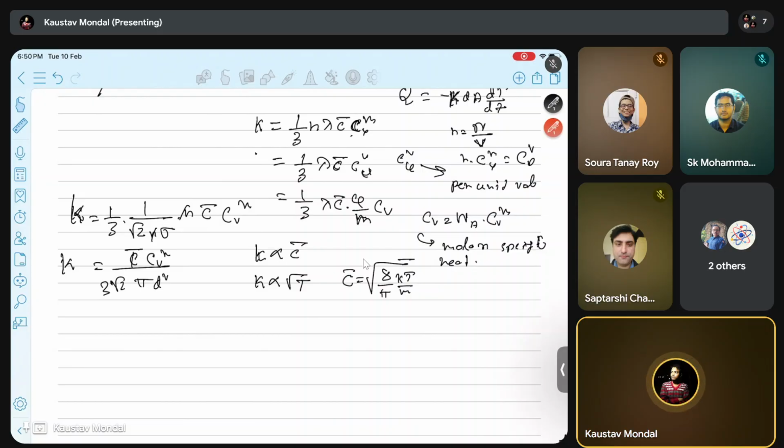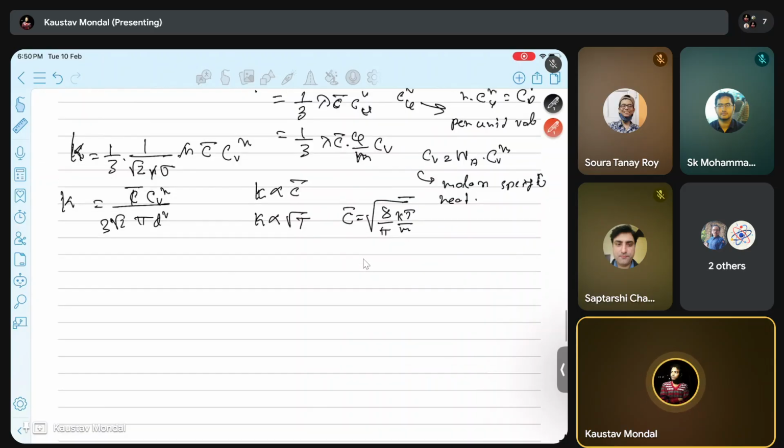Similarly we can calculate the units of kappa. Its units are joule per second per meter per Kelvin, or joule per second is known as watt, so you can write it as watt per meter per Kelvin.